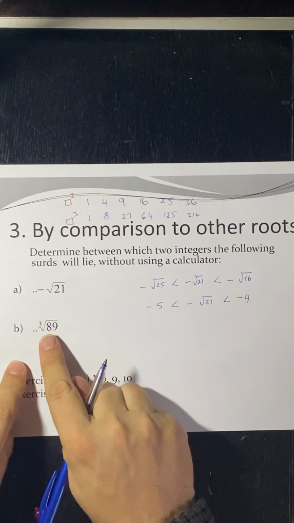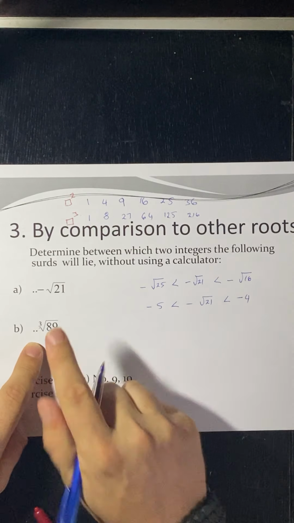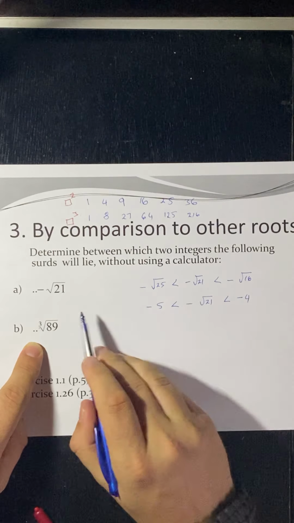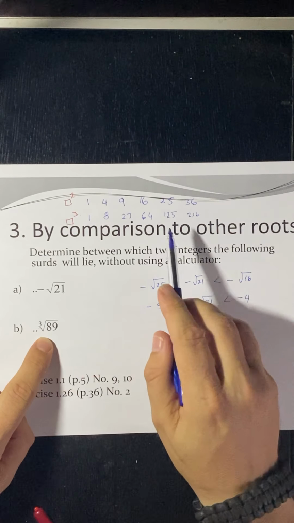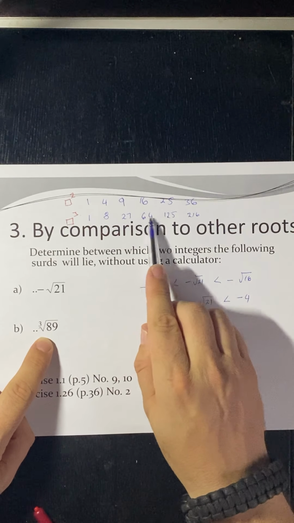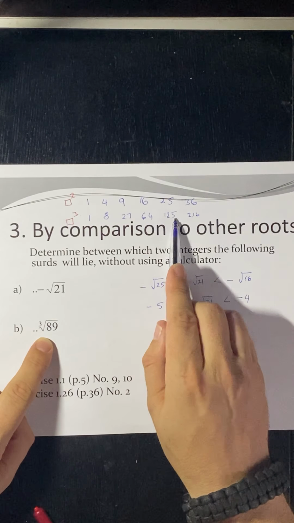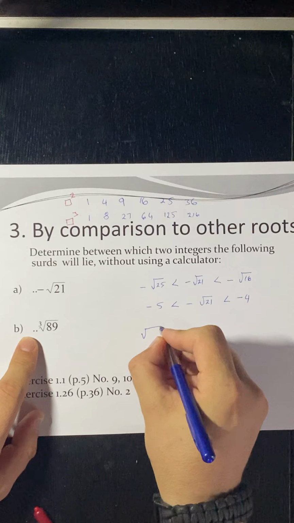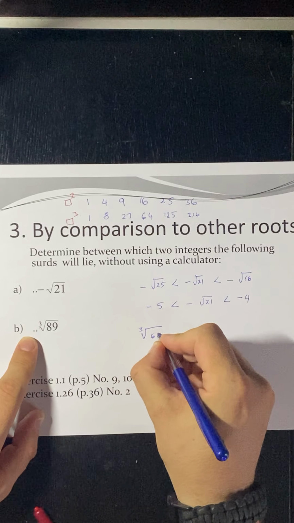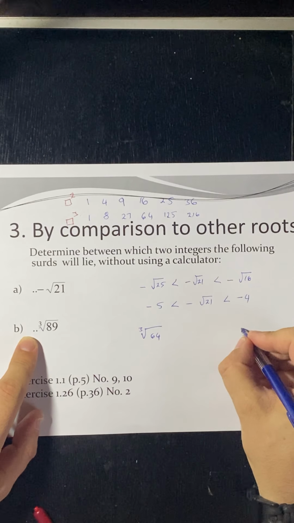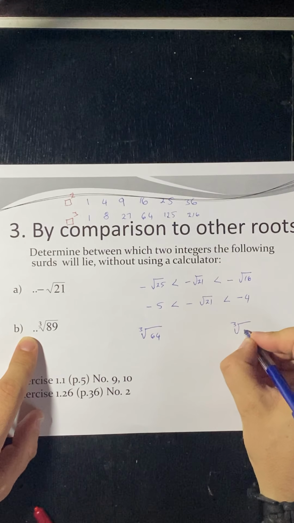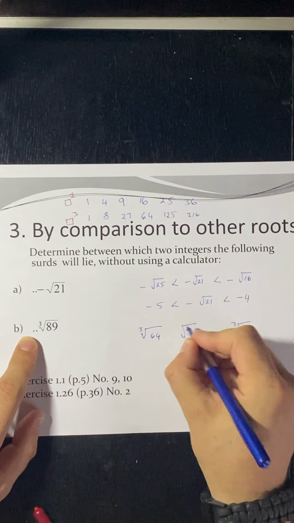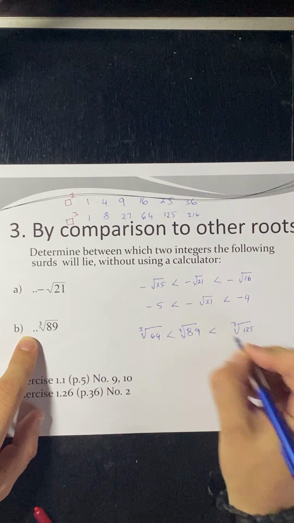Likewise, I'm going to do the same for this one, except now I'm going to look at the cube numbers, because that is a cube. Which two numbers does 89 lie between? It lies between 64 and 125, and this one is not negative. So I can say the cube root of 64 and the cube root of 125, and we know the cube root of 89 will lie between these two values.